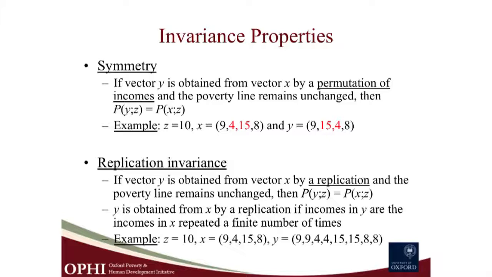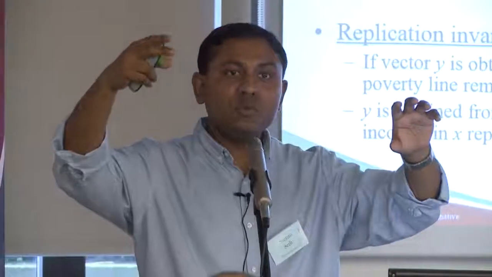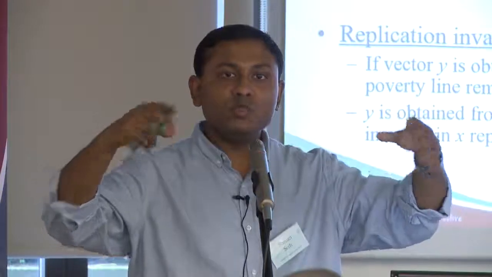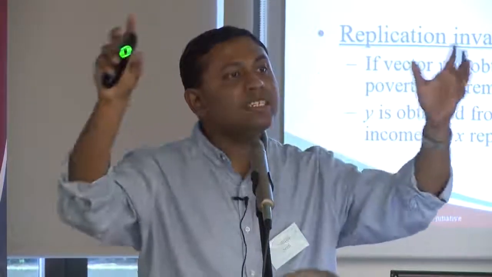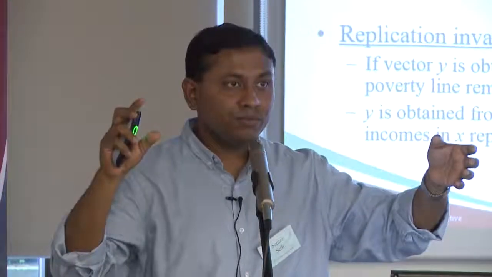Suppose you have a society with 10 people. You create another society by cloning these 10 people, so as if in the second society you have 2 persons with the same achievement. You have just increased the size of the society by cloning people.